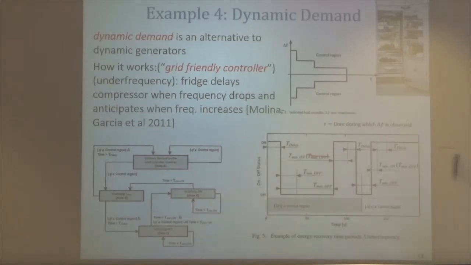So if the frequency is below the nominal frequency of the UK, which I believe is 50 Hertz in the UK, and 60 Hertz in the US, then it would respond with a control law given by something like this finite state machine that's given here. Still not implemented. Not everybody agrees in the UK.